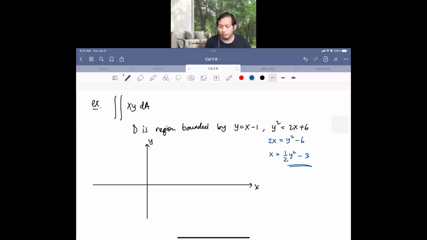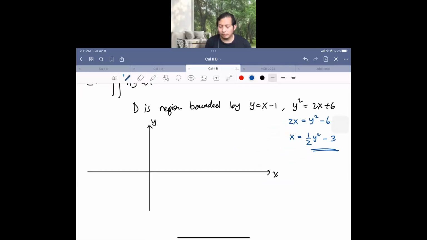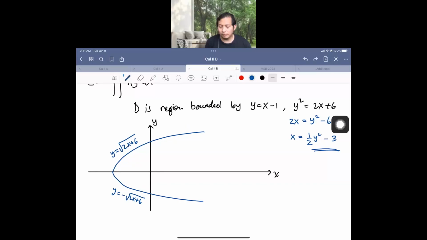But then let's say we have y squared, so let me just draw quickly. Okay, let's say this is our drawing of this function. We could say the part above is 2x plus 6, and the part below is the negative part, if you want to take it into separate parts. But we could say that this is x equal y squared minus 3 over 2.